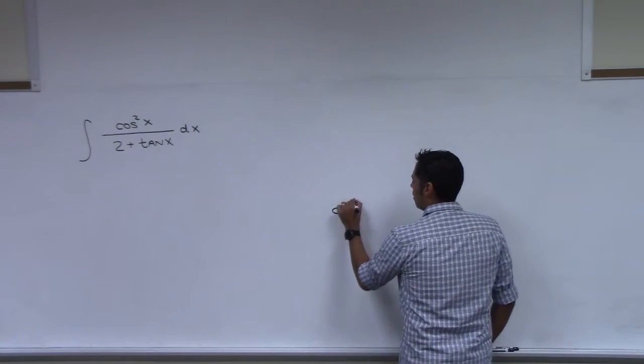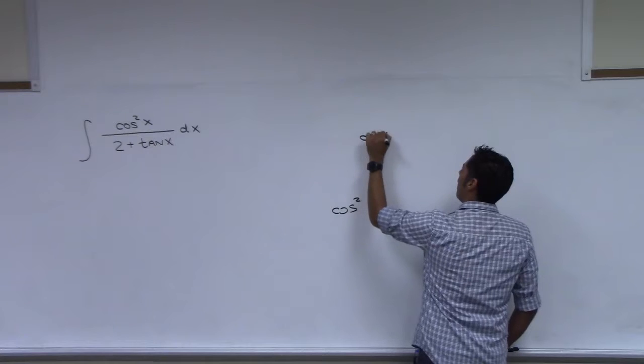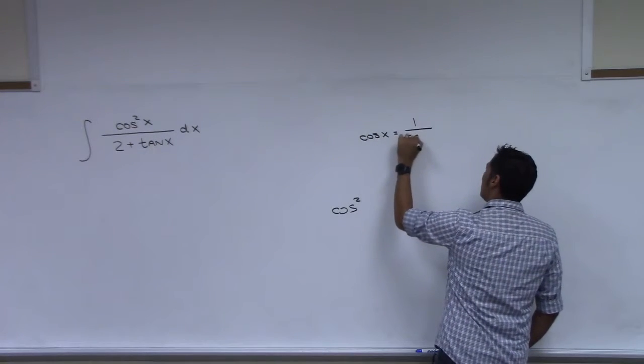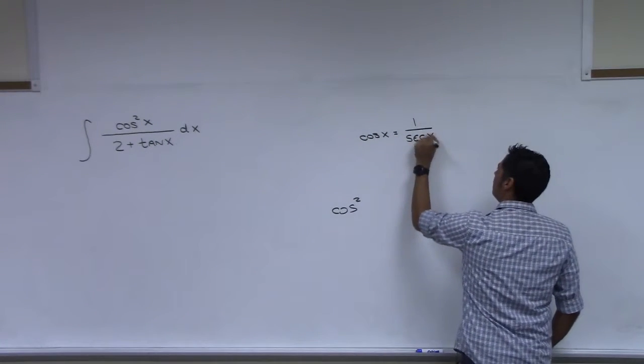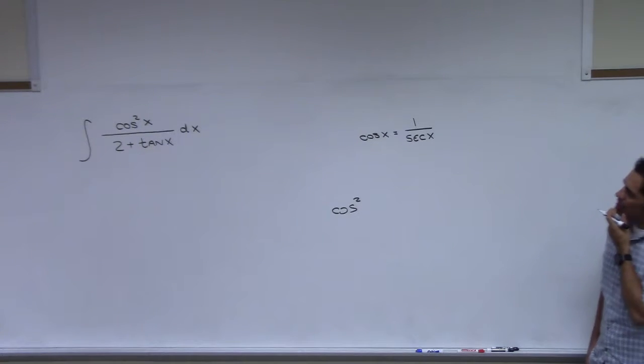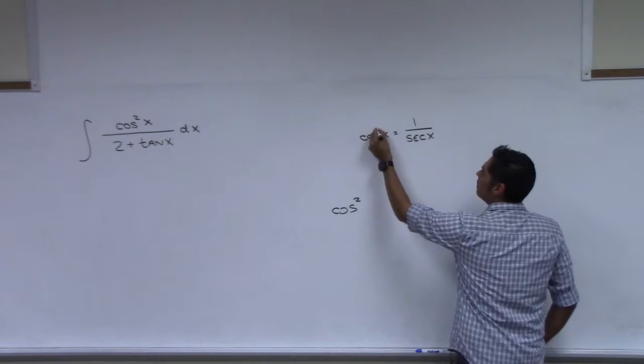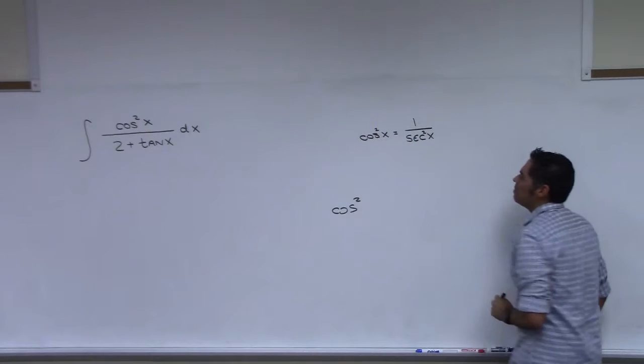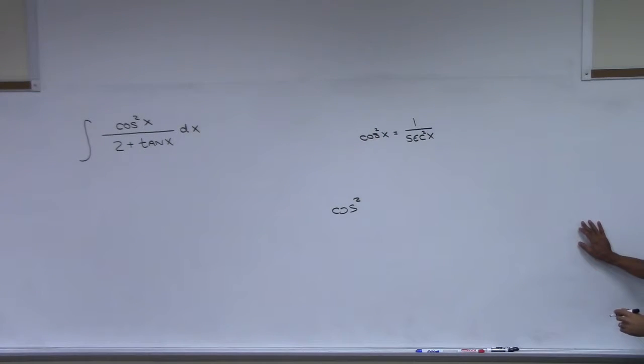Cosine of x is 1 over secant x, isn't it? Yes? So what would cosine squared be? 1 over secant squared? Yes?